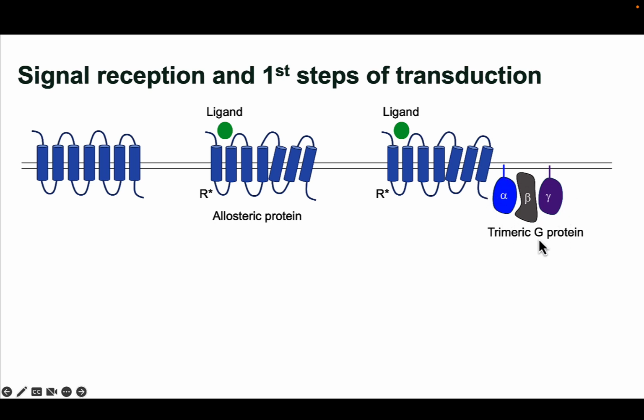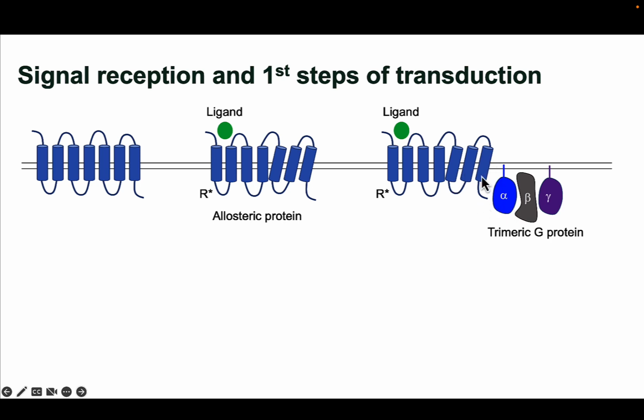Okay, so recall that G proteins are only active when they're bound to GTP, okay? And they're inactive when they're bound to GDP. So initially, before the ligand bound, these were all associated, and the alpha subunit is bound to GDP, okay?